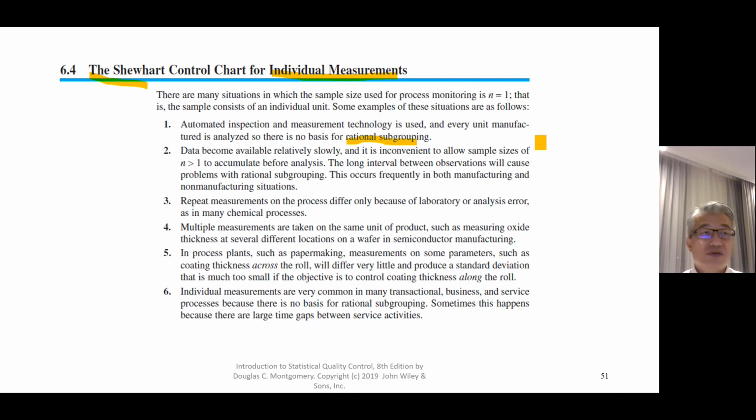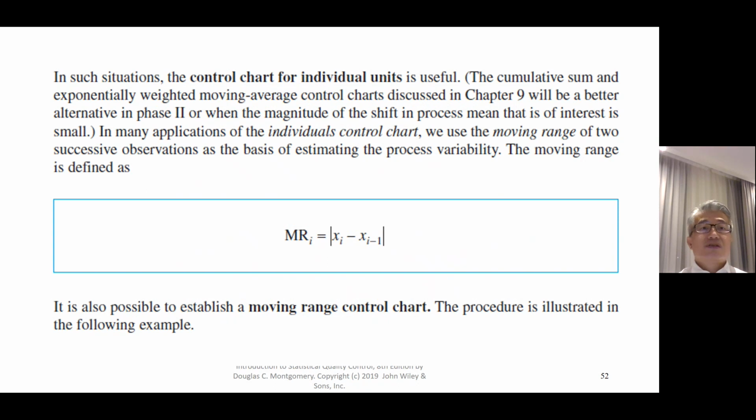When you go to Louis Vuitton, Loewe or Chanel, well, the service time can only be treated as an individual observation. So in such situations, the control chart for individual units is useful.